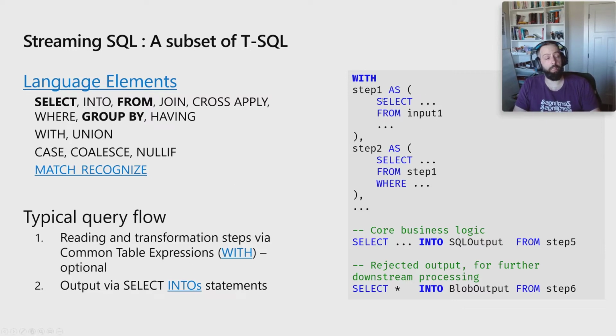So you do a WITH, and then a couple of steps, 10 steps, 20 steps to do all the processing you need. Then a select into output, select into output if you need to reject or if you have alternative outputs. So a series of steps and then a series of select into statements to output data downstream. That's pretty much it.